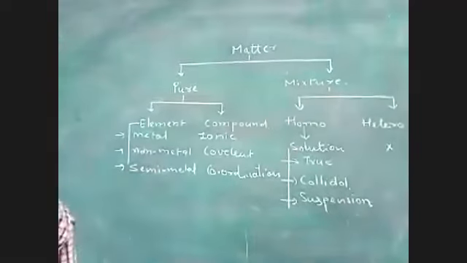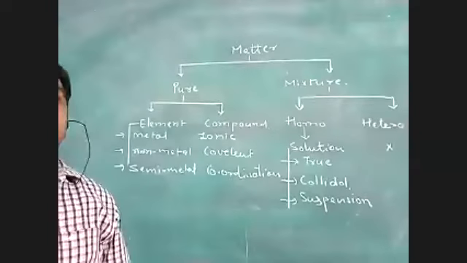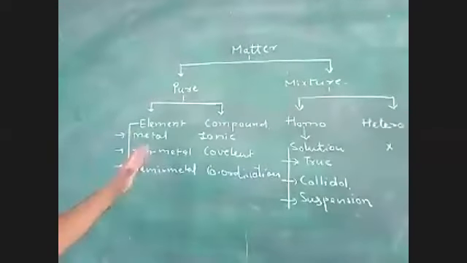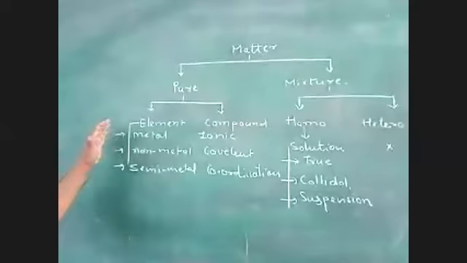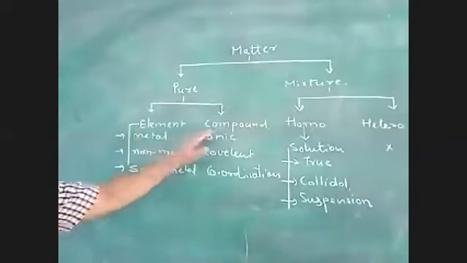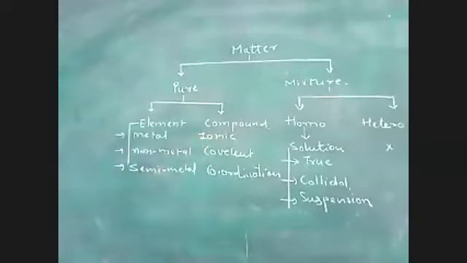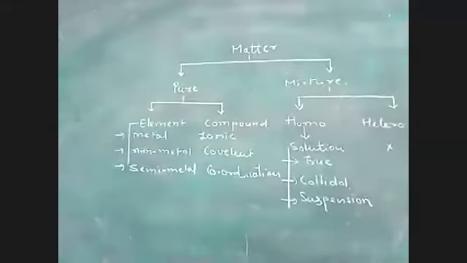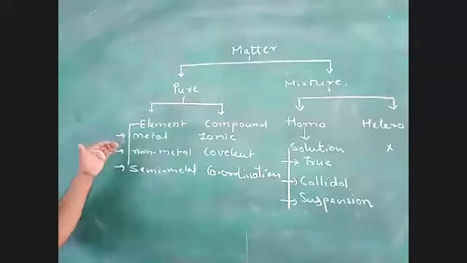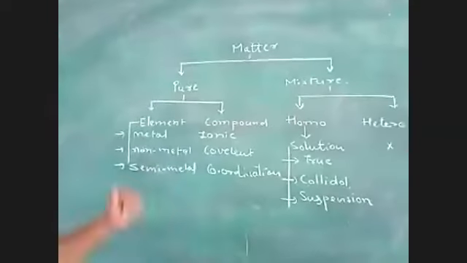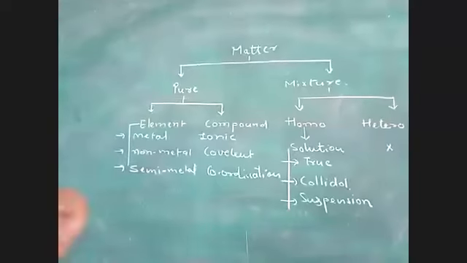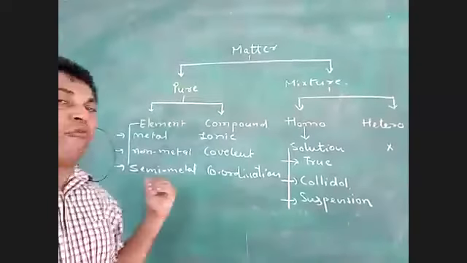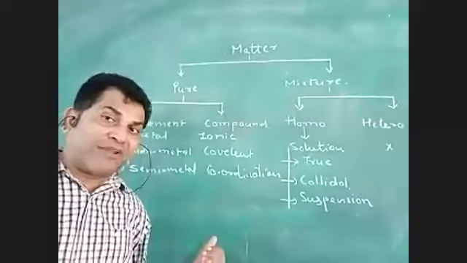So this is the information regarding the state of matter. First we have seen solid, liquid, and gas. Now we are talking about the pure format of matter, known as element and compound, and the impure format, known as mixture, which is homogeneous and heterogeneous. Element can be metal, non-metal, and semi-metal. Compound may be ionic compound, covalent compound, coordination compound, and like this you will get more compounds.